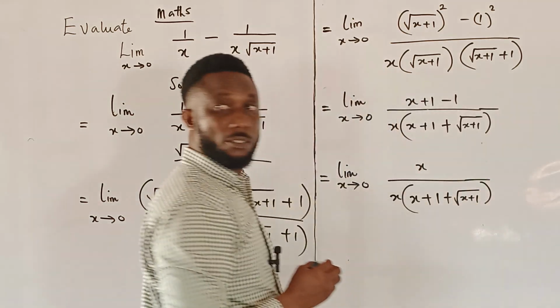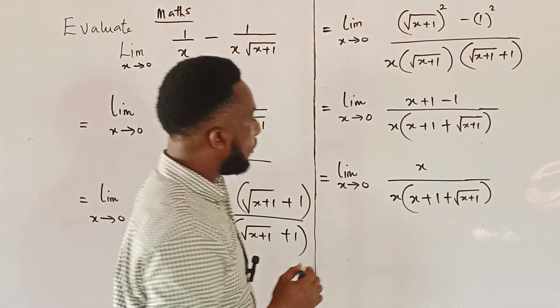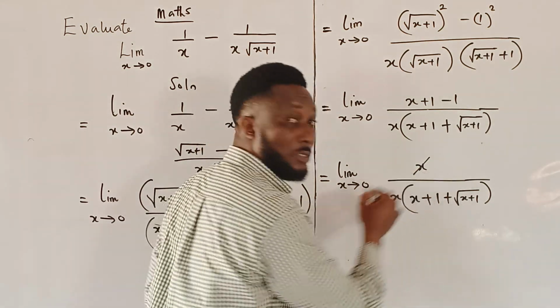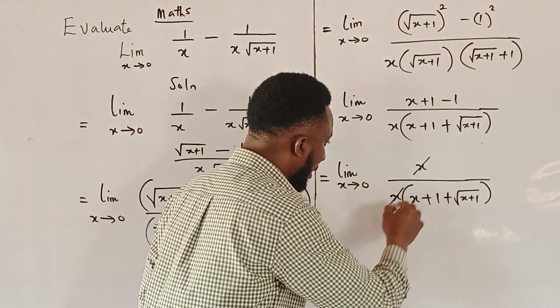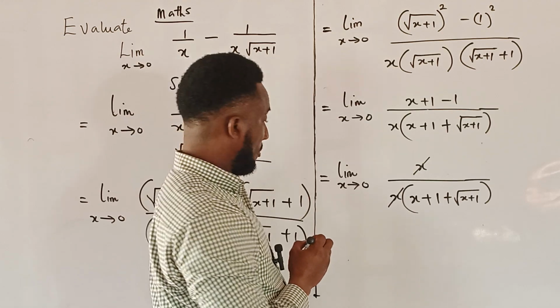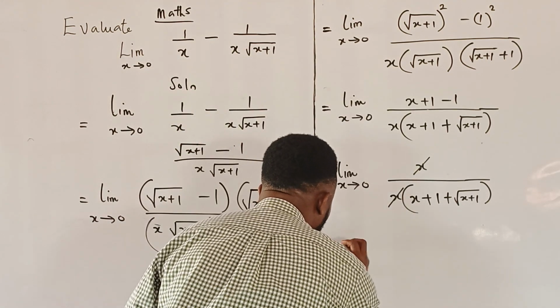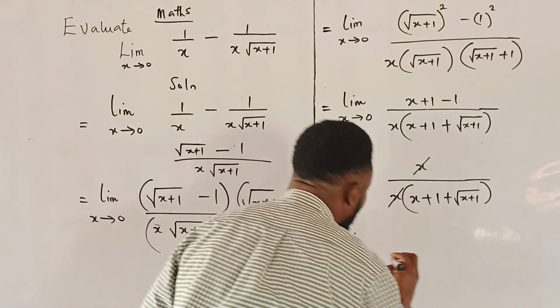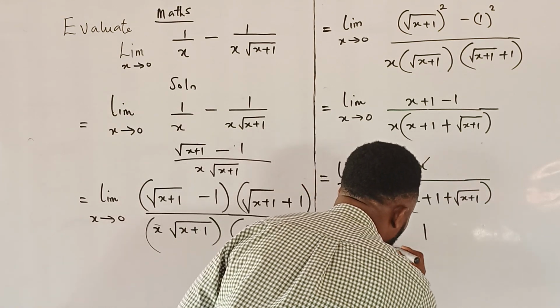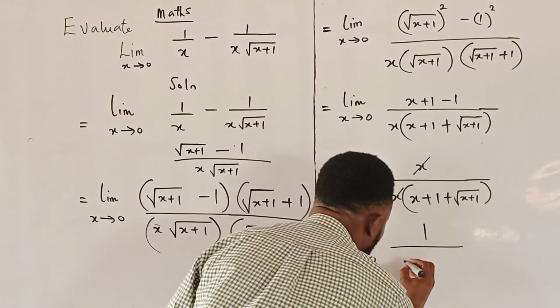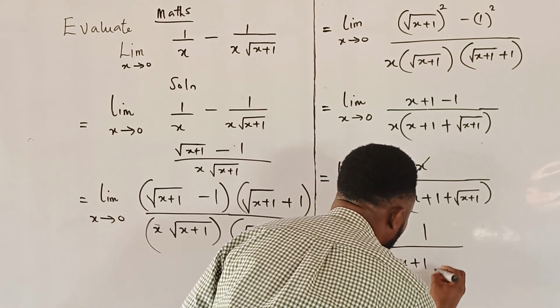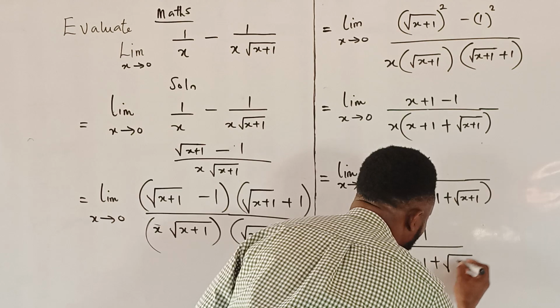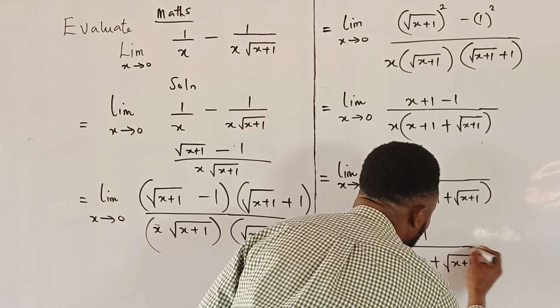I'll close the parenthesis. As you can see carefully, this s on the numerator will annihilate this s on the denominator. So we are going to be having limit as s approaches 0 of 1 upon s plus 1 plus the square root of s plus 1.